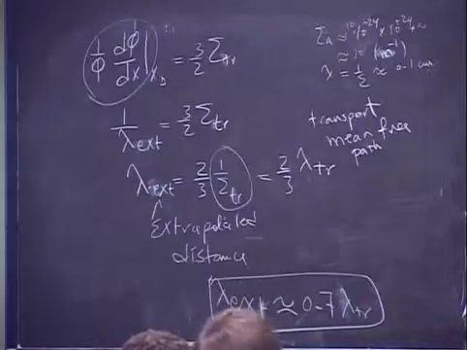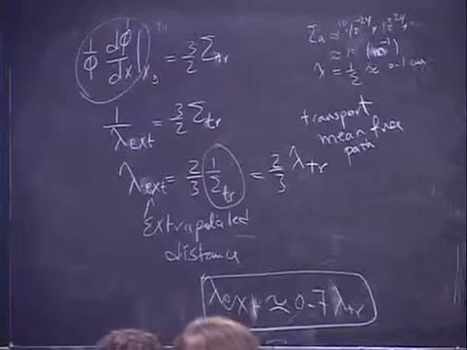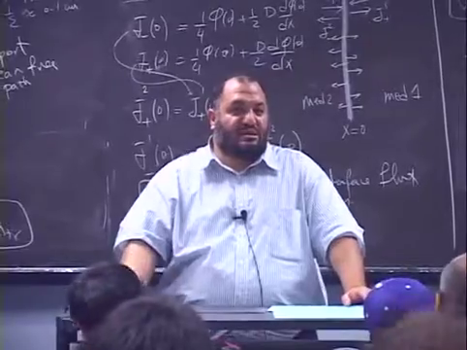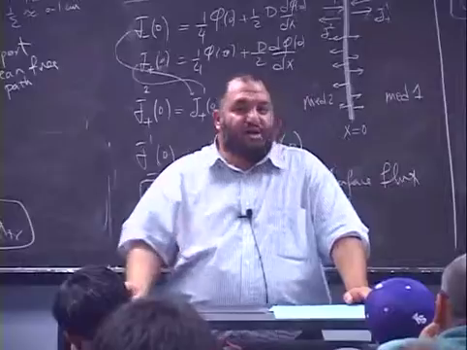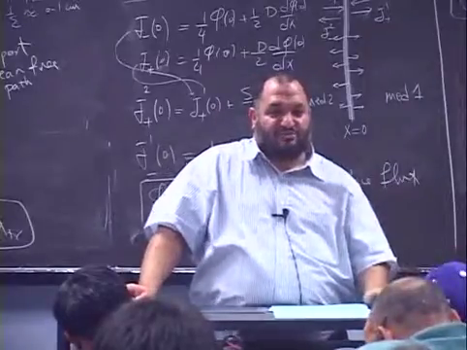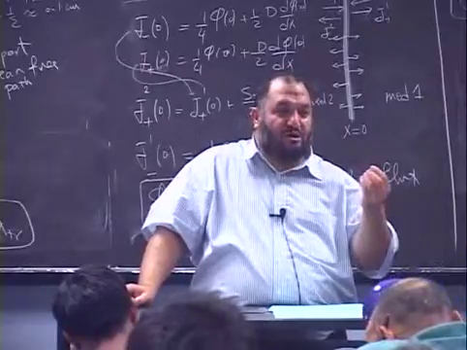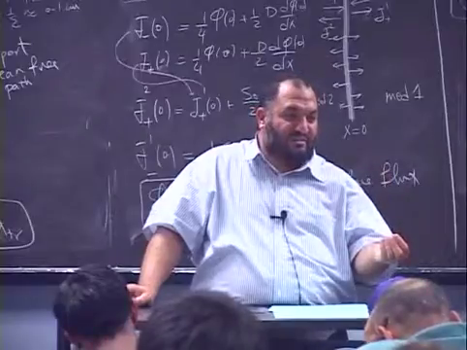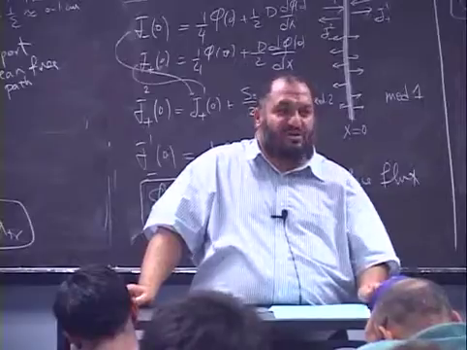When we see the equation itself, everything was exact up to divergence of J. But when we calculate J, we make 3 assumptions to get J equal to negative D grad phi. What are the assumptions that we make?